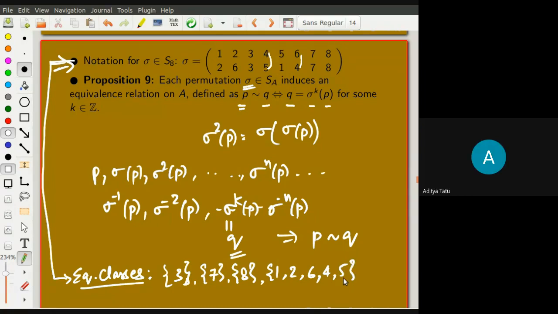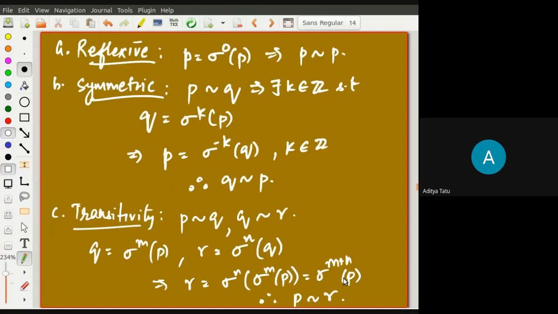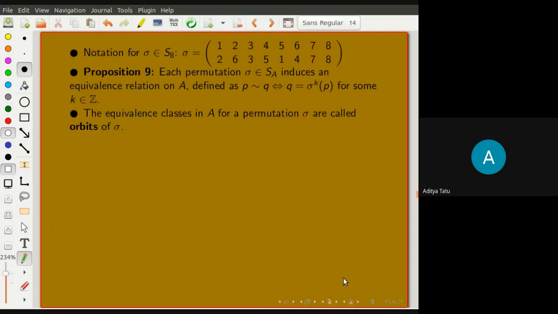Okay? In the context of group, these equivalence classes are given a new name. Each equivalence class in the set A for a particular permutation sigma, these are what are called orbits of sigma.